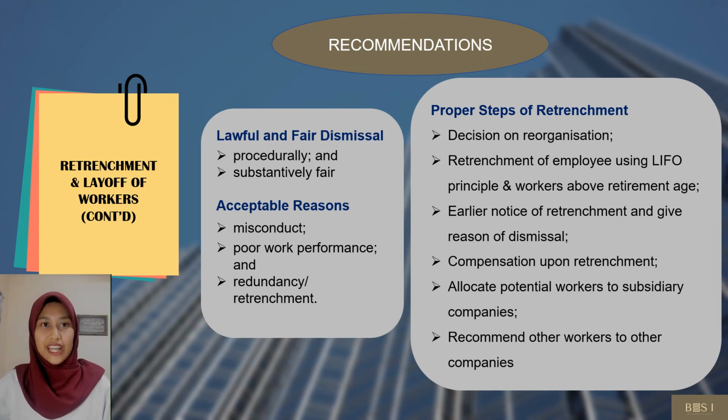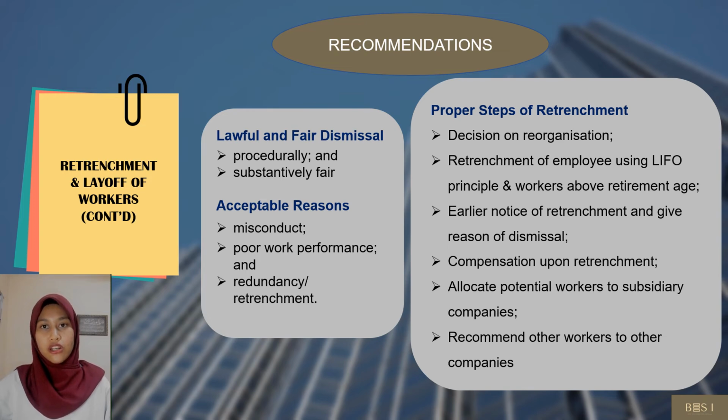The next is to allocate potential workers to the subsidiary companies. Since Besico has 5 other subsidiaries under the steel division, Besico can allocate potential workers to the subsidiaries. It would be such a loss to the company if they do not keep the potential workers in the group. So the last recommendation is to recommend the workers to other companies.